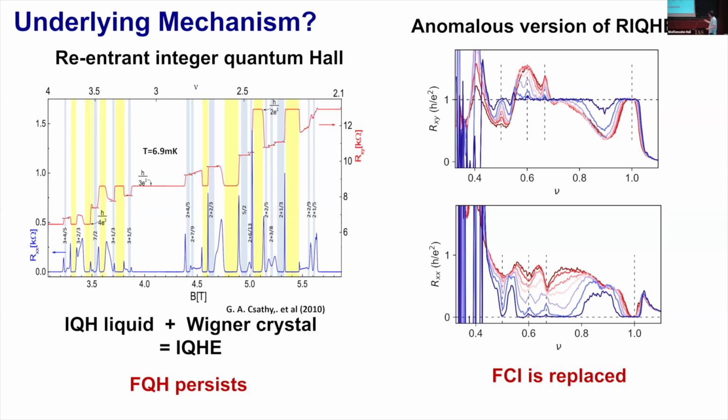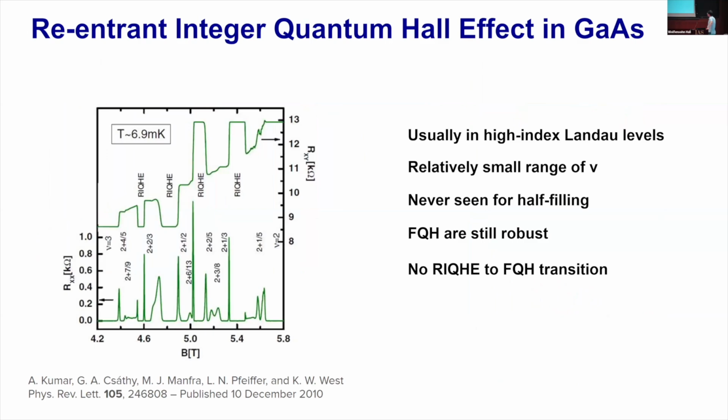Maybe what we are getting here is sort of an anomalous version of that integer quantum Hall liquid plus Wigner crystal. We cannot tell with a microscopic probe. Well, some local expert has visualized the Wigner crystals in the quantum Hall case, right? Another possibility, okay, there's just more literature, and I just point out more differences.